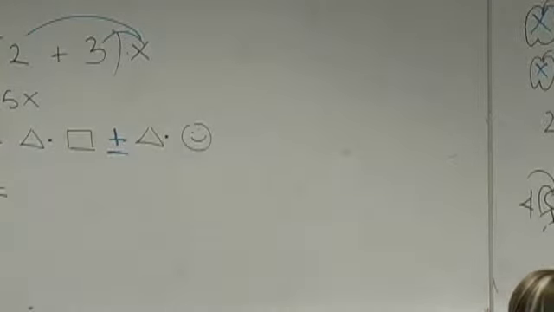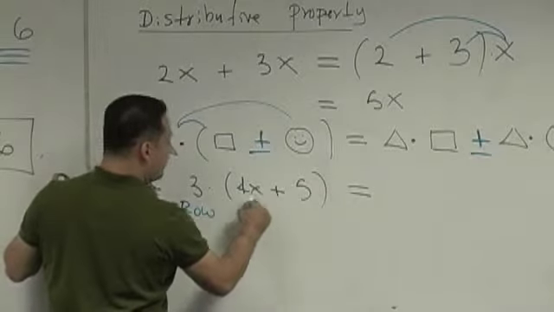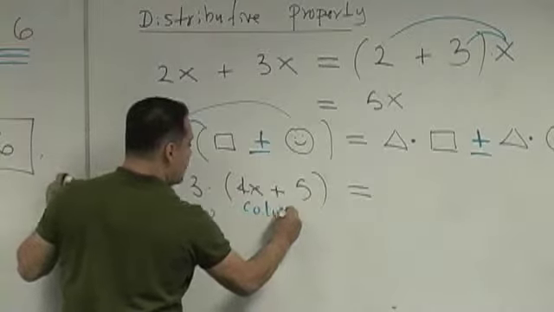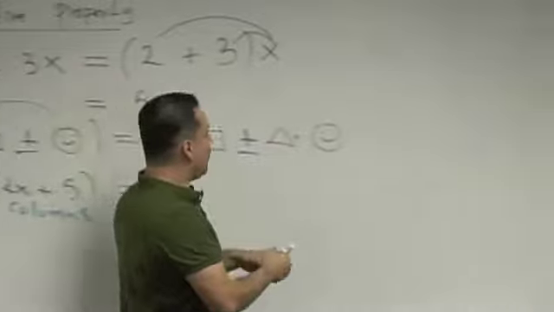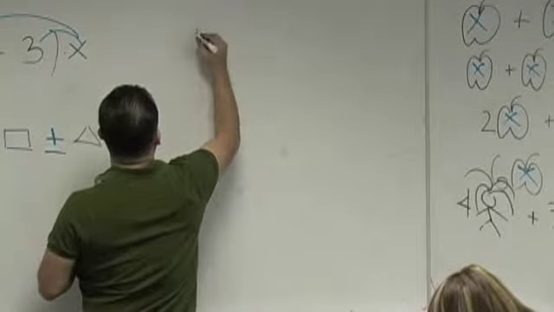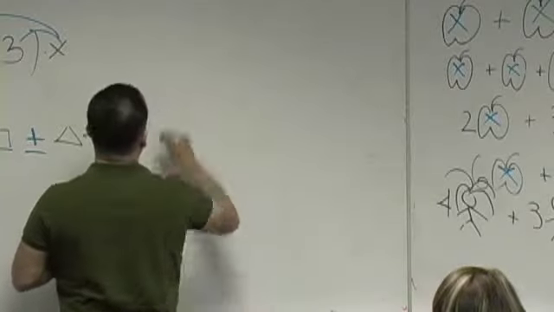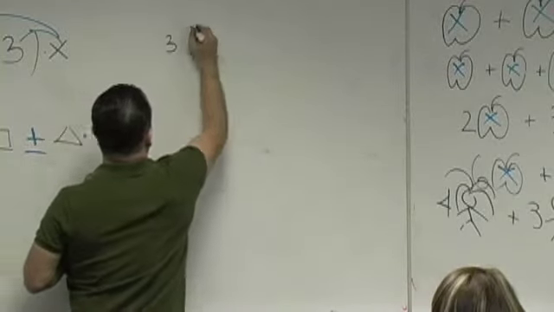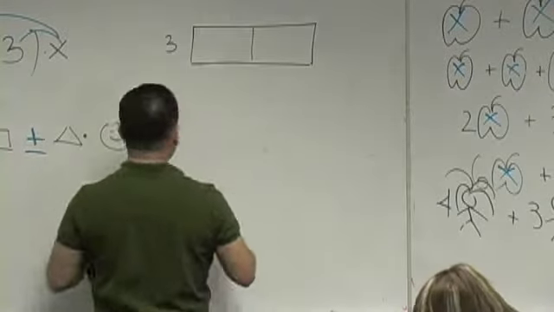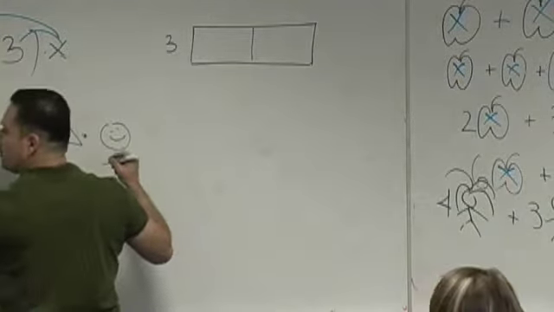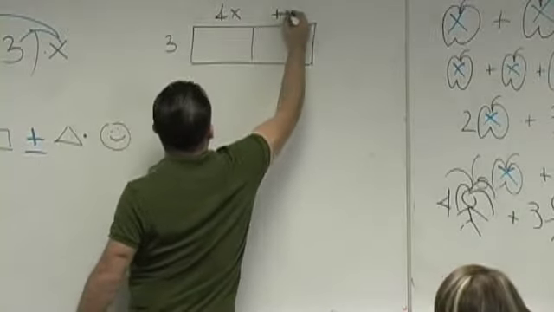Think of this first term as your row, and the next two terms as your columns. And so I'll draw row 3, with how many columns? The 4x column and the plus 5 column.